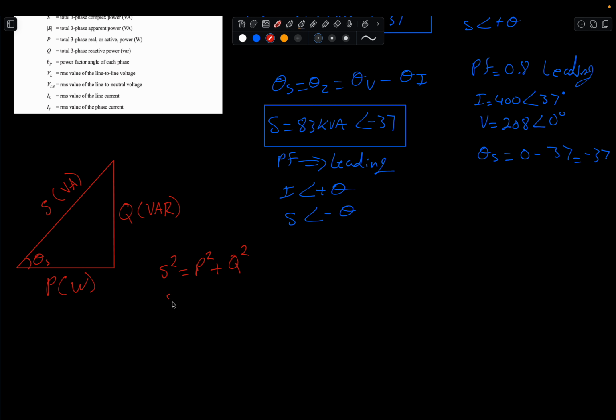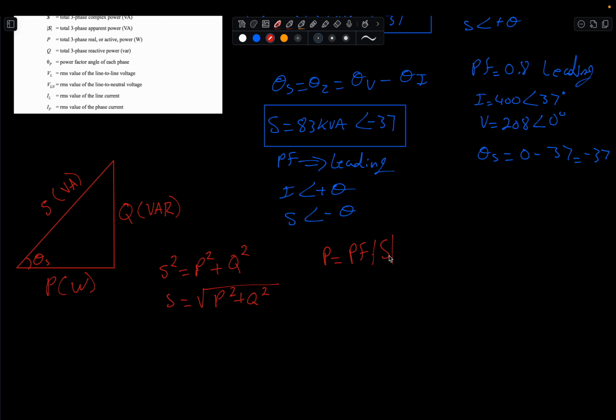Right triangle formula, if you guys recall, solves it into that, and it gives you the magnitude. So if you're given power in reactive, you can solve for the apparent power. Another one that you want to keep in mind is that your active power, P, equals power factor times S, right?